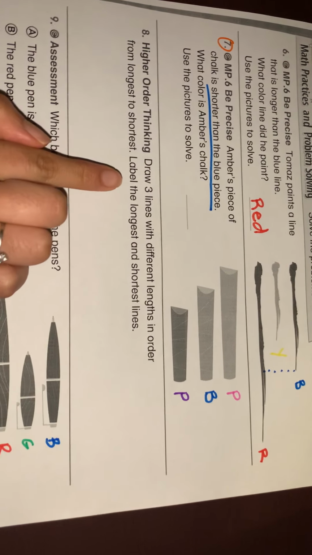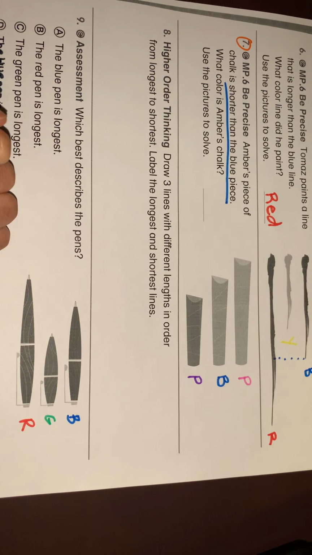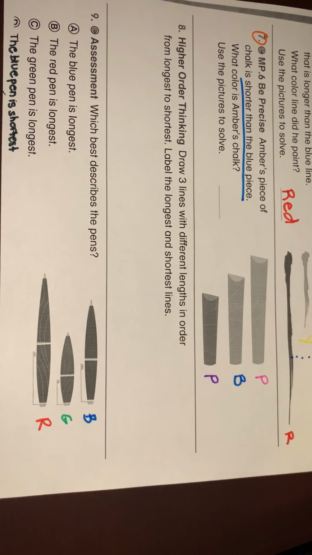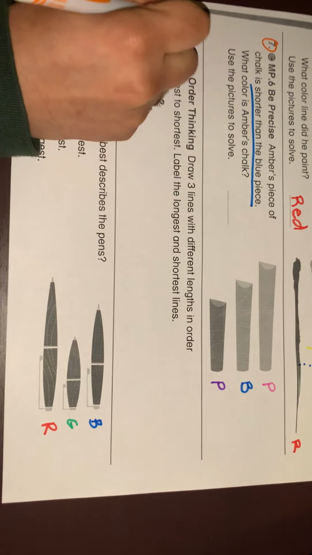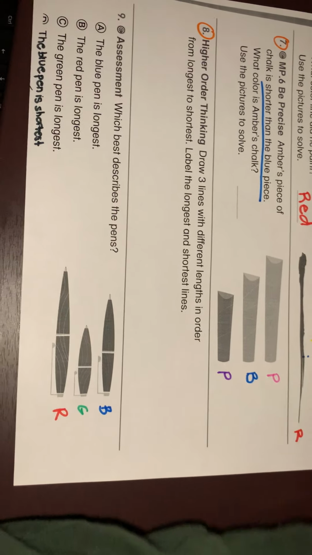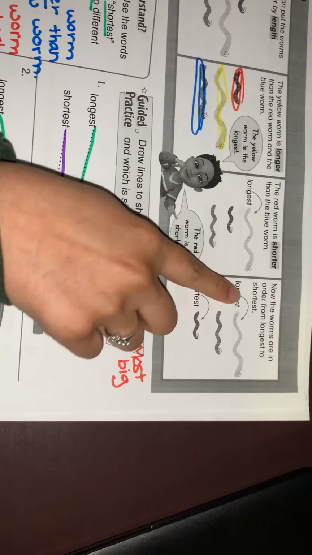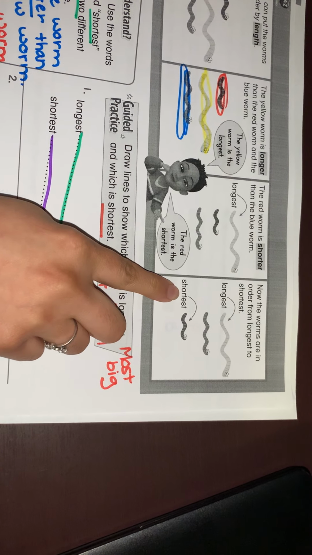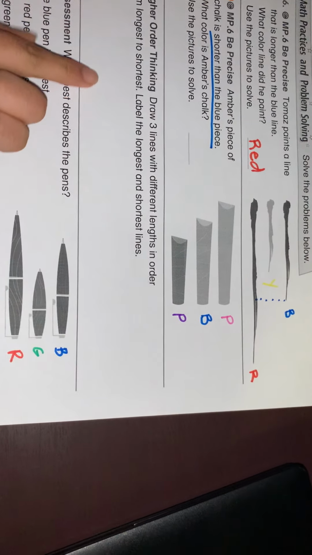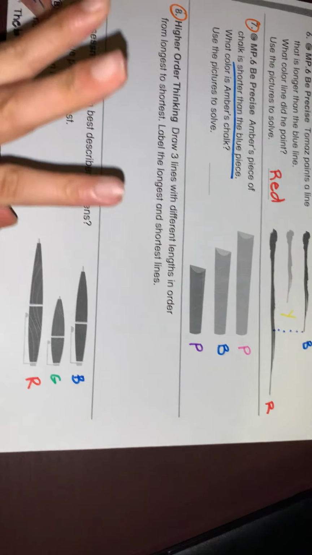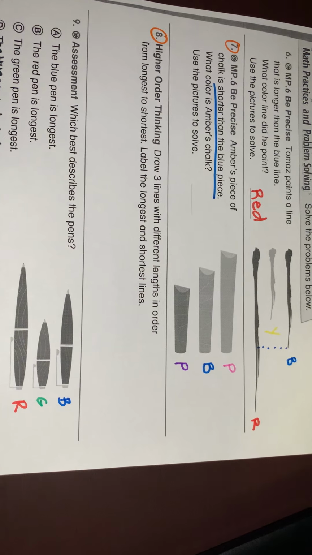Number 8, you're going to draw 3 lines with different lengths in order, from longest to shortest. Label the longest and shortest lines. So earlier when we looked at the worms, at the end they labeled the longest worm and the shortest worm. So just like that, you will label in the lines that you draw, the 3 lines, the longest and the shortest.